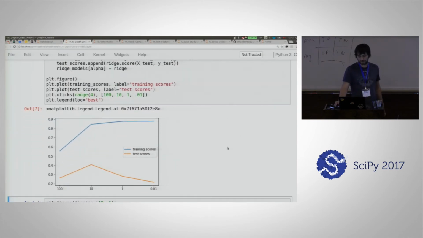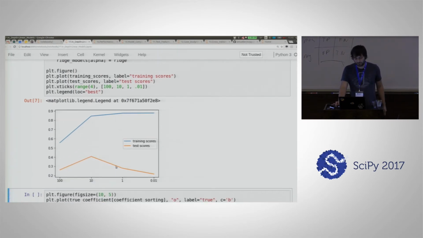So here, this is for 4 different values of alpha. And you can sort of see the curve that we had before. If alpha is very large, we're penalizing a lot. We're saying the coefficients in W should be very small. And so the training set score is not the best, and the test set score also not.